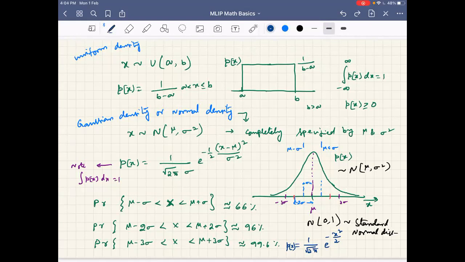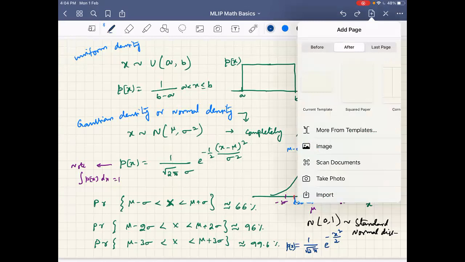Then we say that feature has a normal distribution with some mean and variance, that can be fitted well with a normal density of mu and sigma square. This is referred to as univariate normal density.